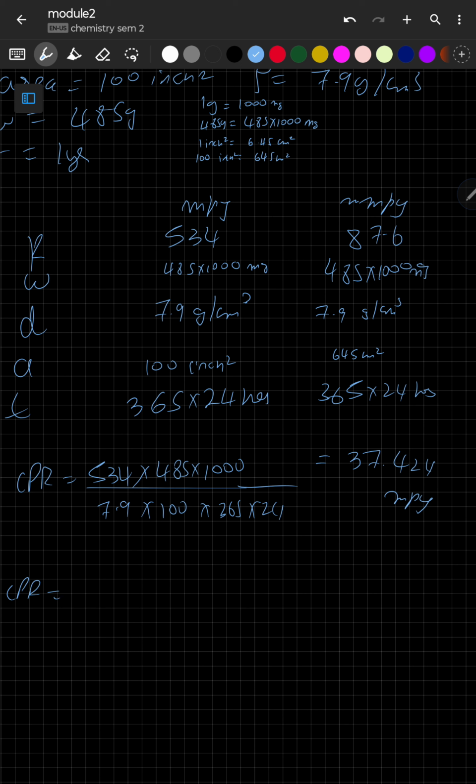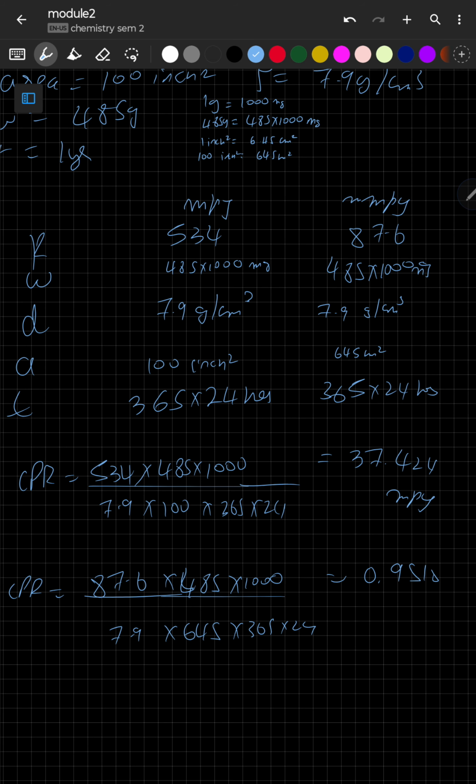And now the other one, let's do 87.6 into 485 into 1000 divided by 7.9 into 645 into 365 into 24. That I am getting as 0.9518 MMPY.